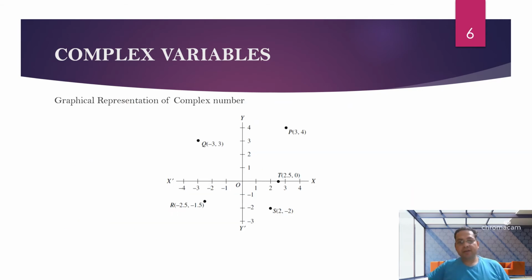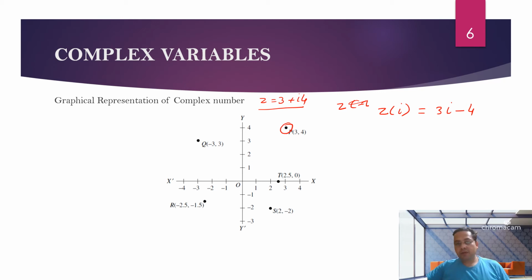Now the graphical representation of the complex number. If z is equal to 3 plus iota 4, then this complex number is represented by this point. Suppose we multiply z with iota, then we have 3 iota minus 4.